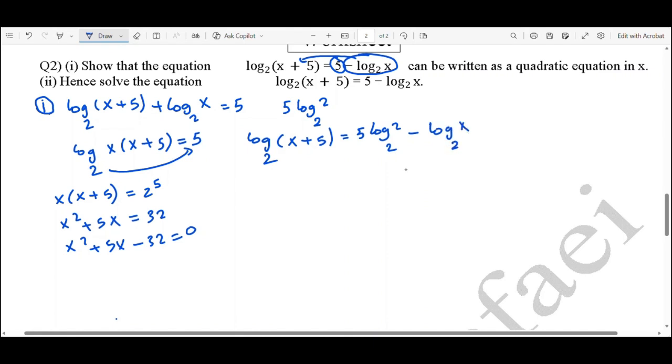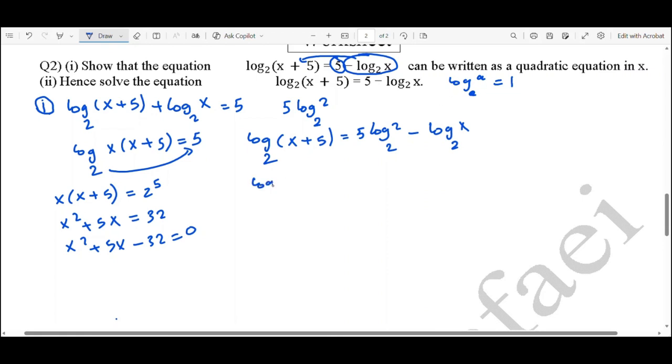The students will ask me, why 2? Because the other terms have the base 2. I should have logarithmic terms sharing the same base to be able to combine them. And I said before, log a to the base a equals 1.